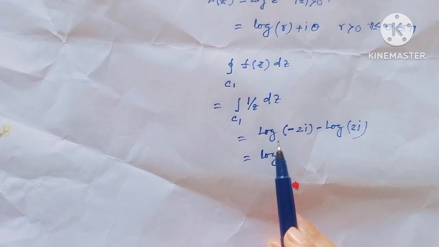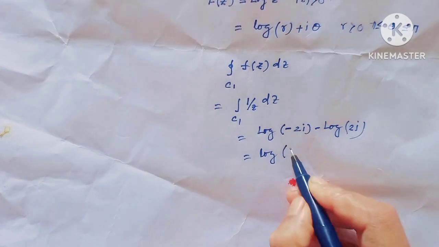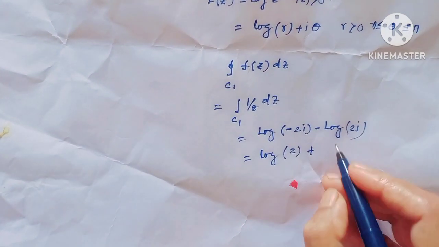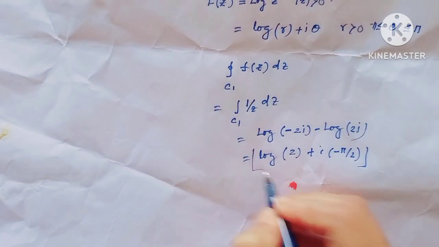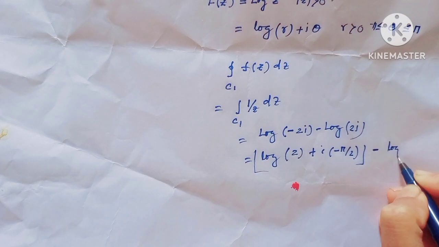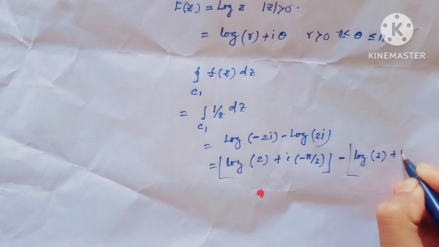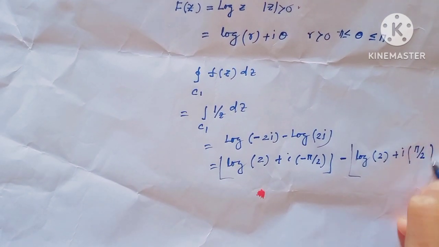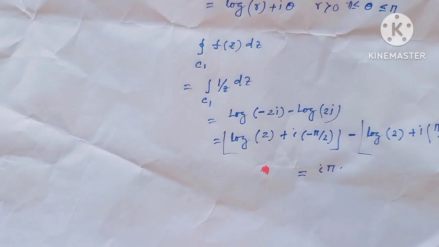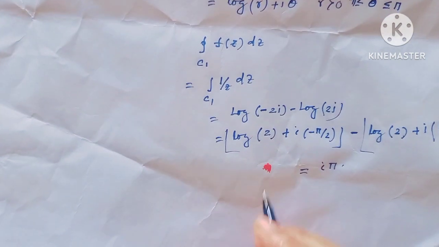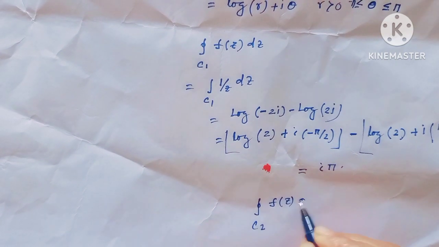Therefore, Log of minus 2i means small log 2 plus i times minus pi over 2, minus log 2 plus i pi over 2, and this value is minus i pi. Okay.